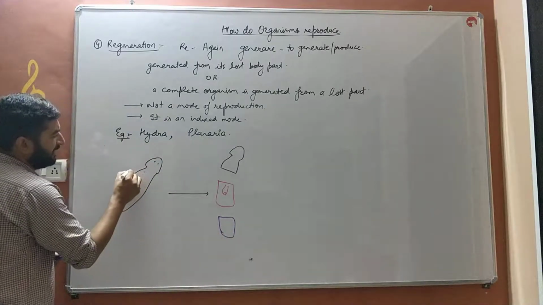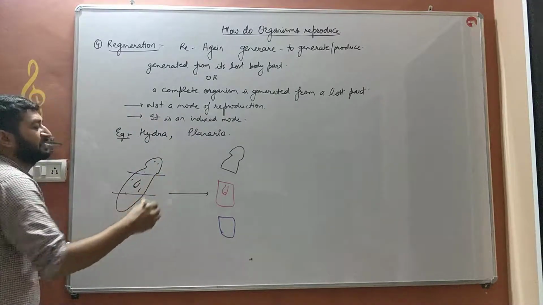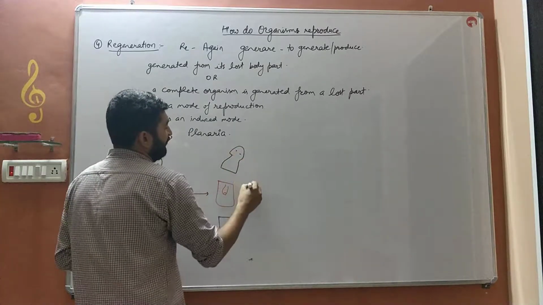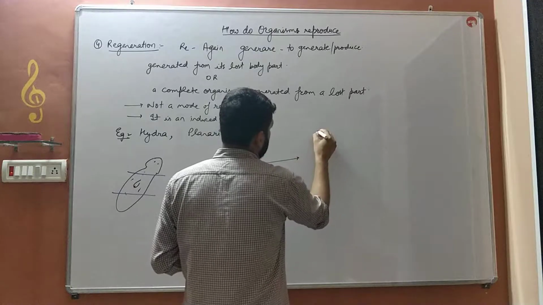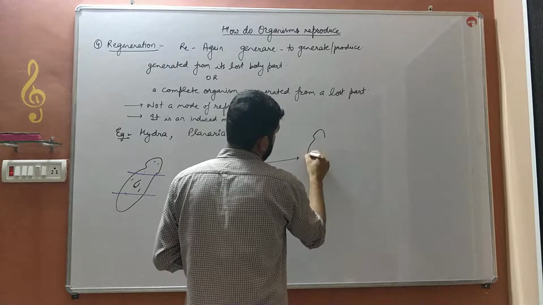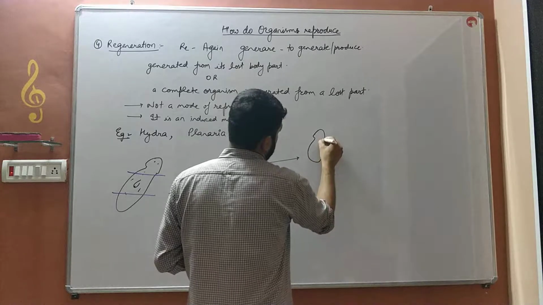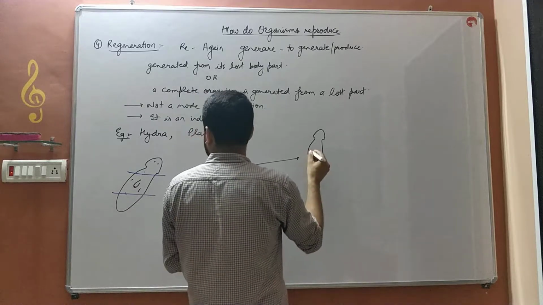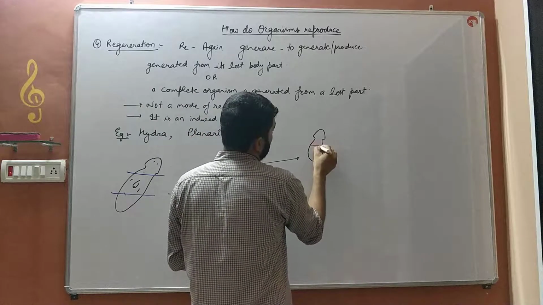So this planaria is cut into three parts. Each part of this planaria will give rise to a young one. This will generate the other two parts.